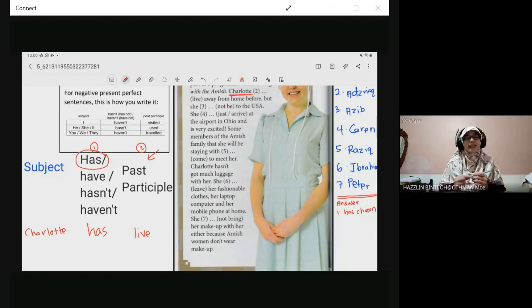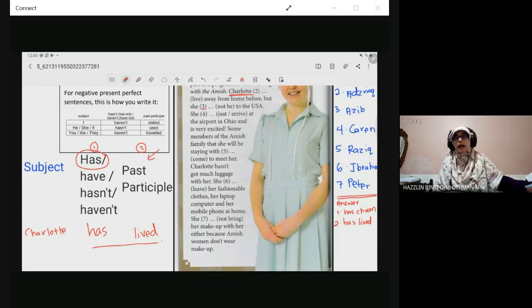Lived, with D at the back. So this is the correct answer. Has lived. Okay, so number two, the answer is has lived. Let's look at number three now. Number three is supposed to be Azib.